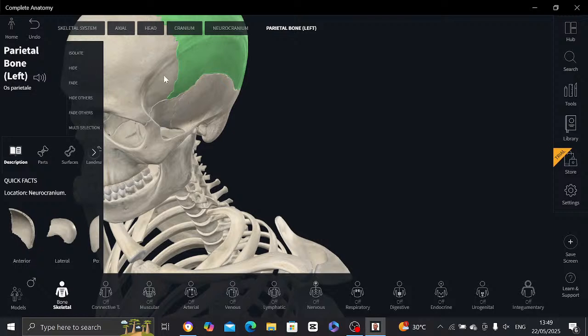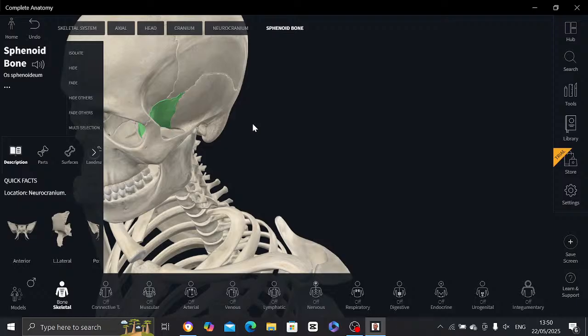Between the parietal bone and the temporal and sphenoid bones, there are also some sutures which serve as important connections. Just like we said, any point of attachment of the parietal bone to another bone forms important sutures in the body.